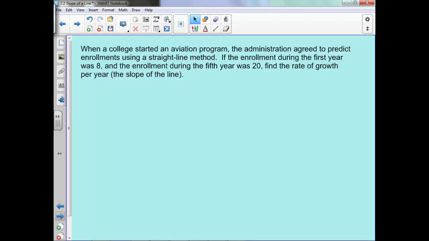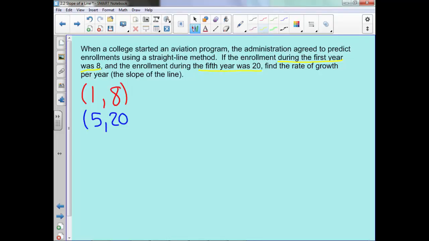So now we've got an actual application problem. Some things to point out. Enrollment during the first year was 8. So that can give us an ordered pair of 1 year and 8 students. And then we also know enrollment during the 5th year was 20. So our second ordered pair could be year 5, 20.